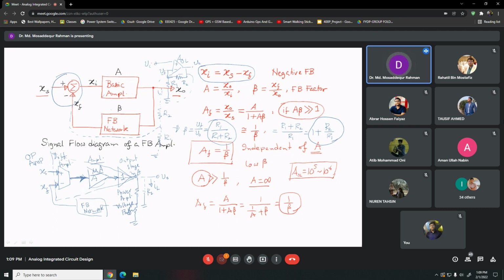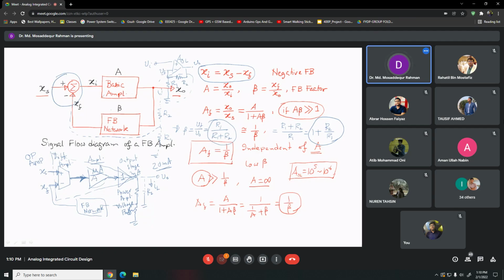But there are high power op-amps as well that can handle hundreds of milliamperes or maybe amperes. If you want ampere range current, then you add another power transistor at the output, external to the op-amp. But usually op-amps are designed to handle at least current in the milliampere range. The op-amp that we use in the lab can handle about 20 milliampere maximum.